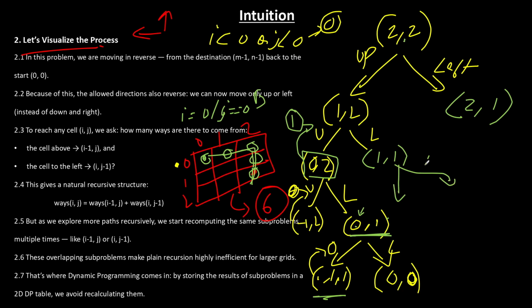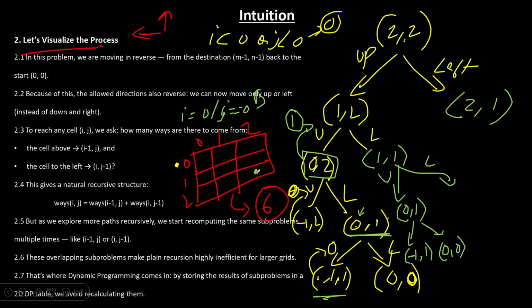It will go left, it will go up. So if it goes up, this becomes 0 comma 1 and two options again. This becomes negative 1 comma 1 and this becomes 0 comma 0, right? Now I will clean this up. Now suppose you started from 2 comma 2, you're standing here, then you came to 1 comma 2, then you come to 1 comma 1, then you came to 0 comma 1, definitely.